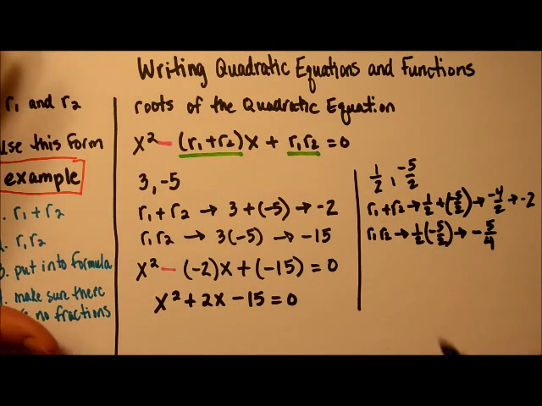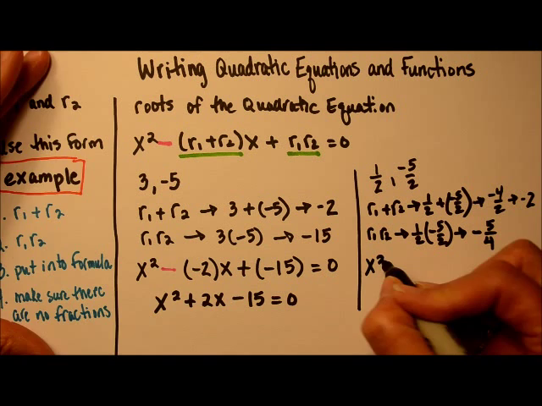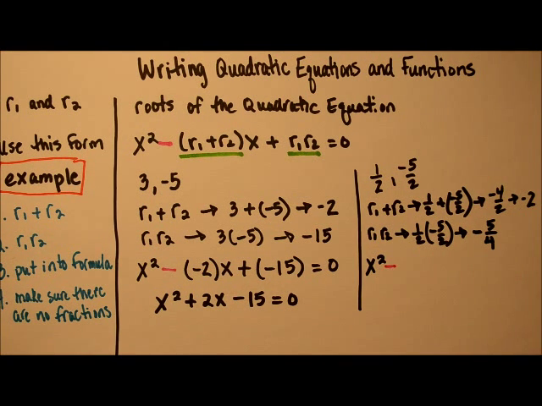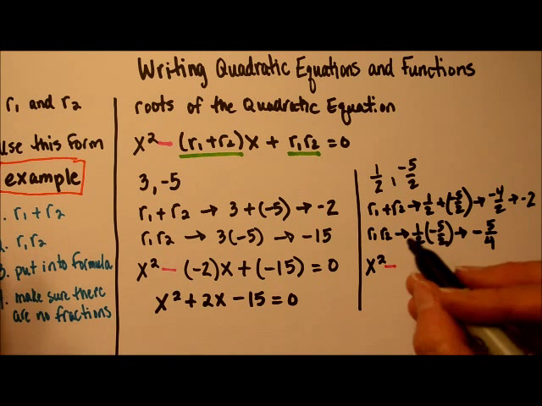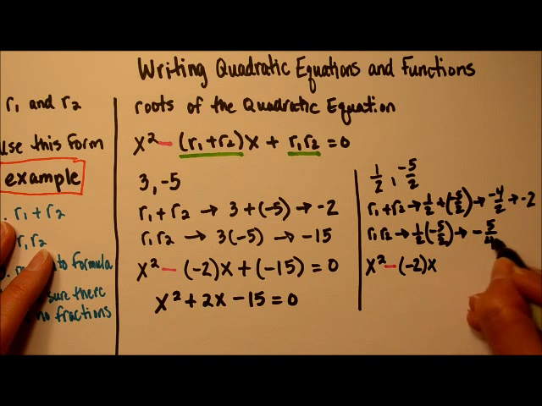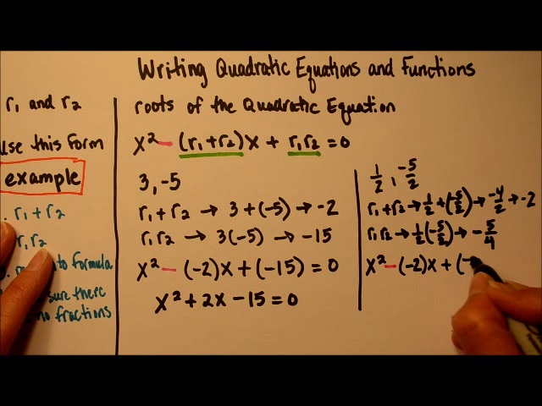R1 plus R2 is -2, so I have x squared. Don't forget this minus, because that's where you're going to mess up. Guarantee it. Don't forget that that's minus. I'm going to put it in there every time until you say, okay already, I get it. It's minus. All right, and then I have plus -5/4 equals 0.